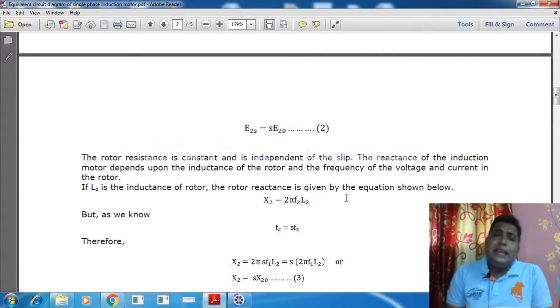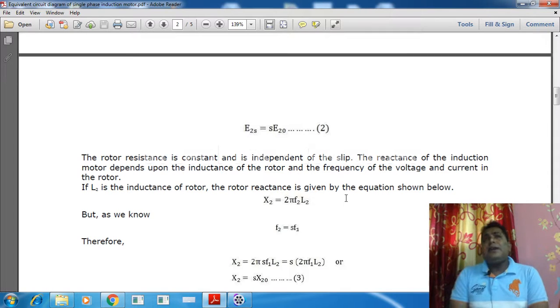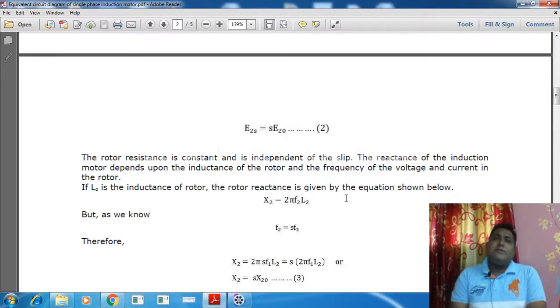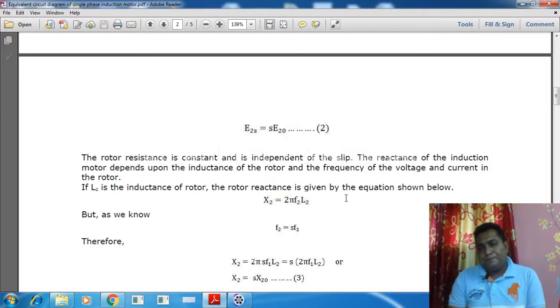As we have seen in case of the three-phase induction motor previously, and also in the synchronous machine, here also we have the concept of slip, because the synchronous speed, the rotor speed and the flux speed, the rotating magnetic field, have some difference, and due to that there is the existence of slip. So E2S is equal to S E20.